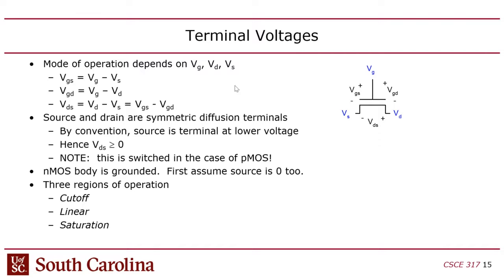Because the threshold is relative to the source, when the voltage over the transistor exceeds a certain level, when I say over the transistor, I mean the drain source, when the drain source is high enough, it pinches off the channel and makes the transistor saturate, so you can't continue to increase the current as you increase the voltage over the transistor.